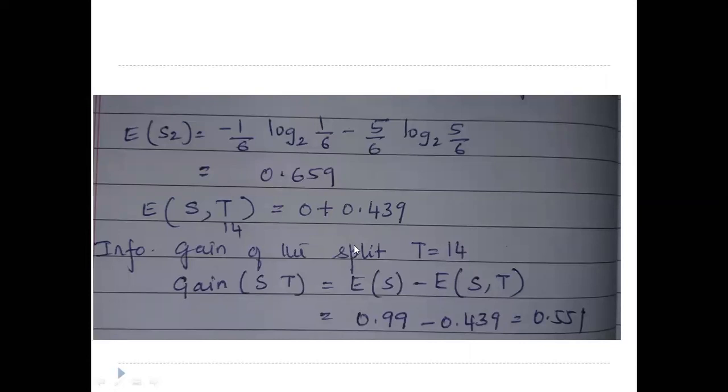The value at 14 is 0.439, so 0.99 minus 0.439 gives 0.551. Please remember this. From the information gain till here, note it down. If you are done, I'll move to the next slide.